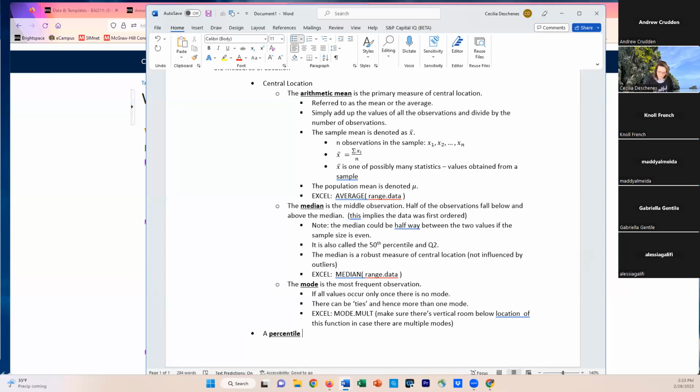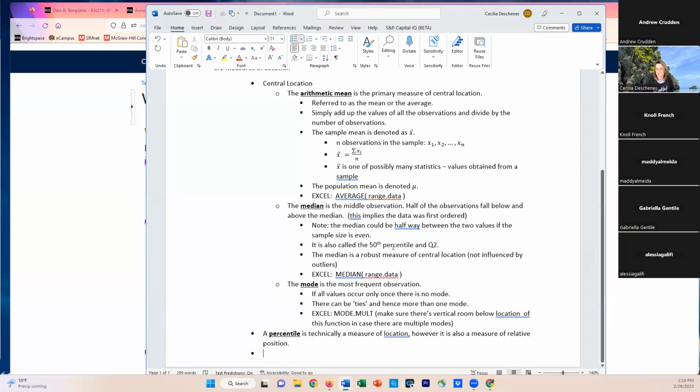A percentile is technically a measure of location. However, it is also a measure of relative position.